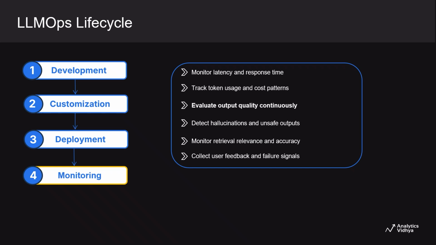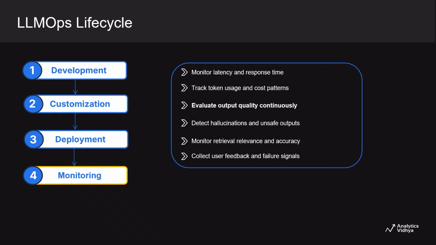Third, we evaluate output quality continuously. Are responses still relevant and coherent? Quality monitoring here goes beyond simple numeric metrics. Fourth, we detect hallucinations and unsafe outputs. LLMs can sound confident even if they are wrong, so safety checks are critical.